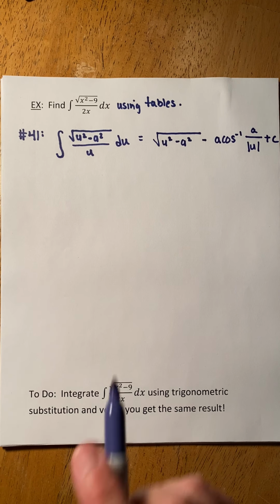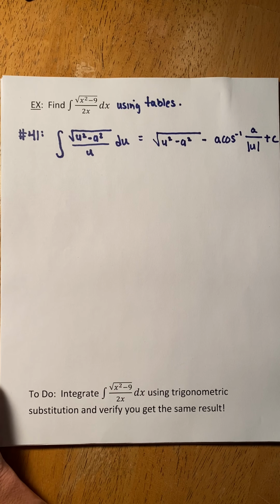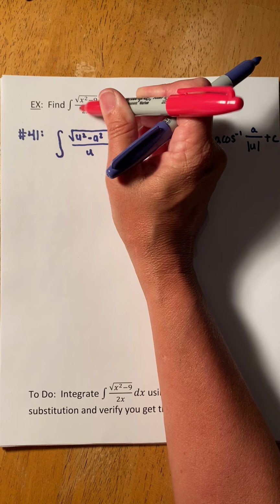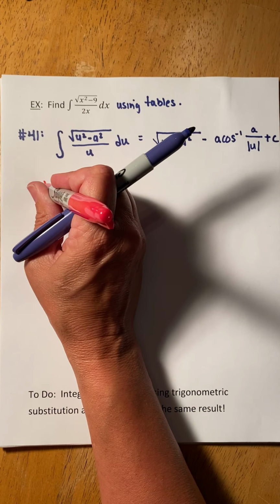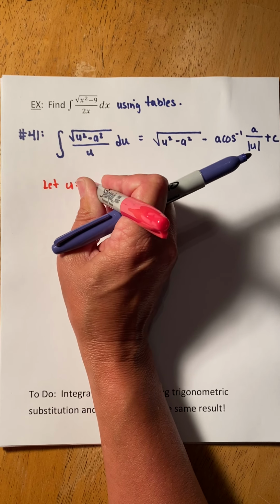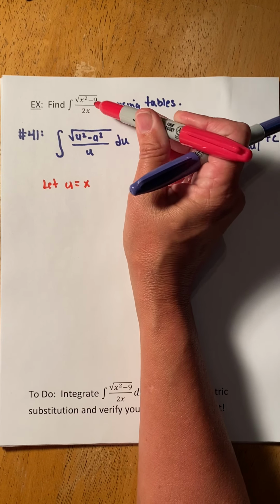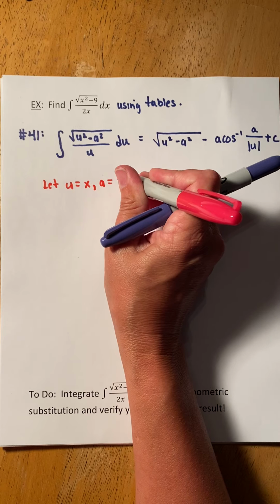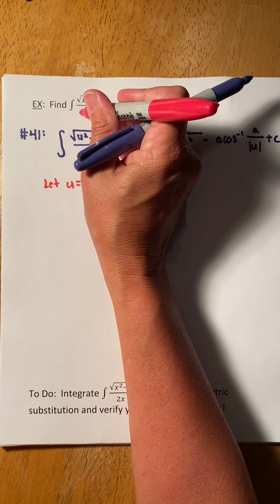All right, so here we're going to have to get this to look like this. So let's see, what are we going to need to do? Let me grab my pink pen. All right, so we're going to just replace the x with the u. So we're going to let u equal x, and then a squared is 9, so a is going to be 3. So what do we do about this guy right here?